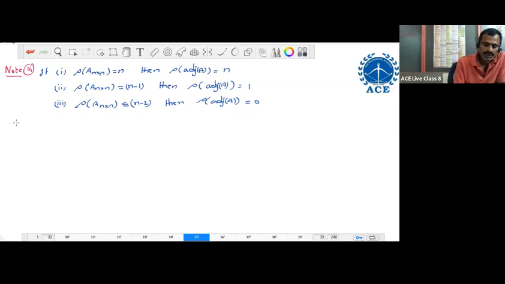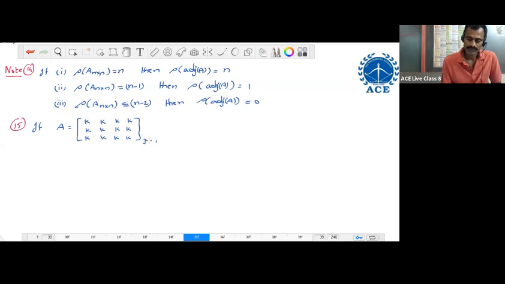Next, note point 15. If A is a 3 by 4 matrix with all elements K, K, K, K, then the rank of A is equal to 1.